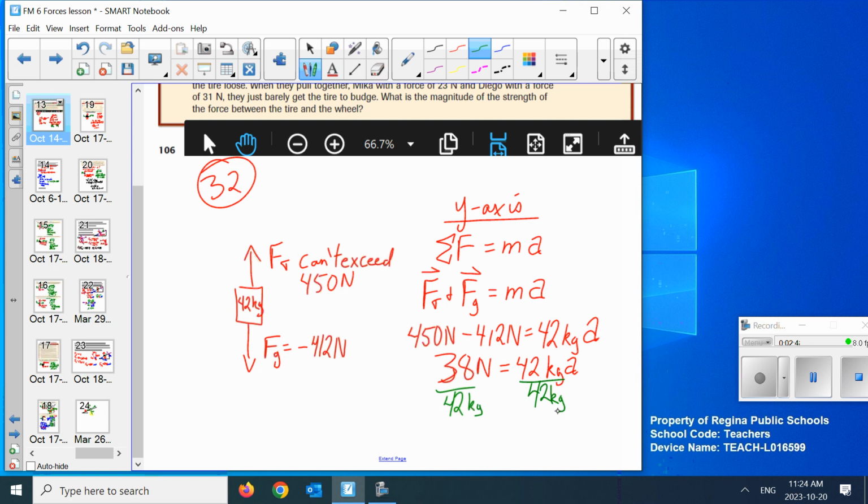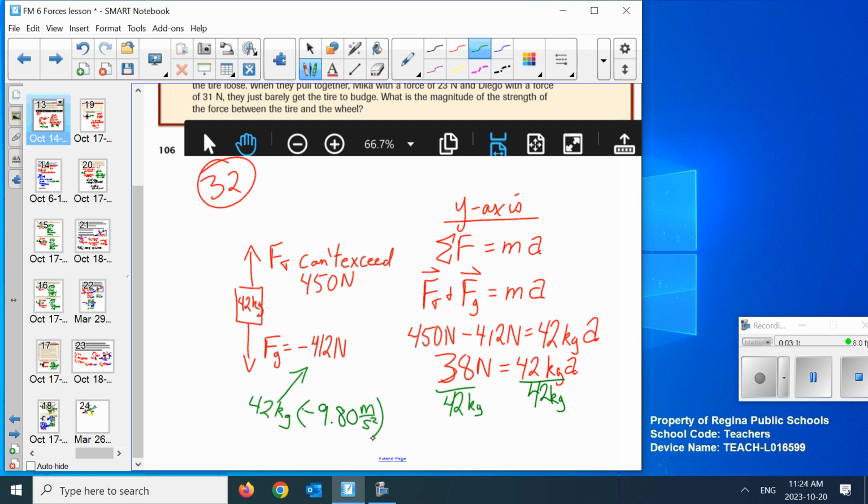Okay. People are getting 10. What was different? That is from the mass of 42 kilograms for the weight force and negative downward direction, the acceleration due to gravity.